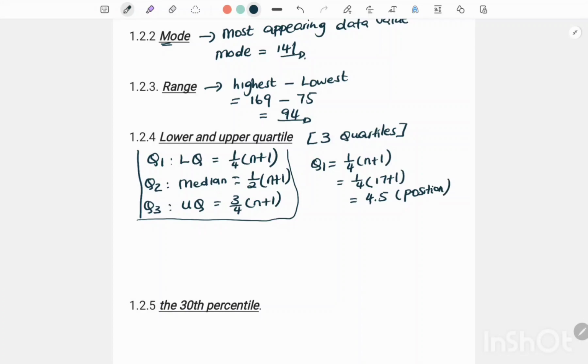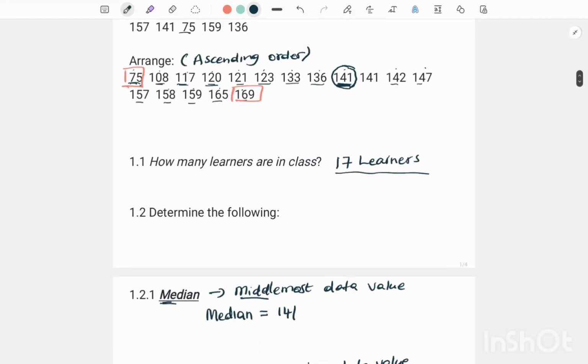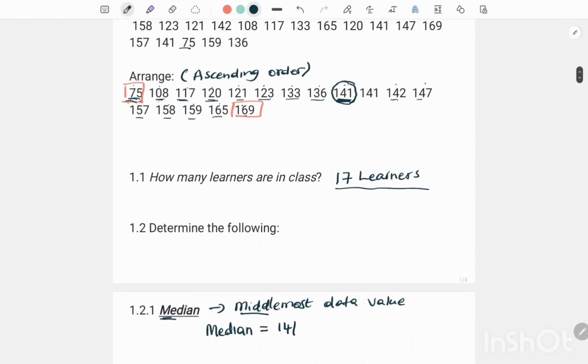You go to position number 4. If it's a decimal, 4.5, it means you take the 4th and the 5th data value. If it's just a whole number like 4, you go straight to position number 4. So in this case, we're going to positions 4 and 5. 1, 2, 3, 4 and 5.